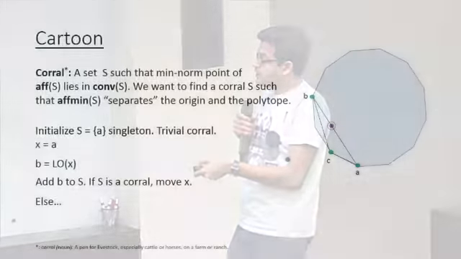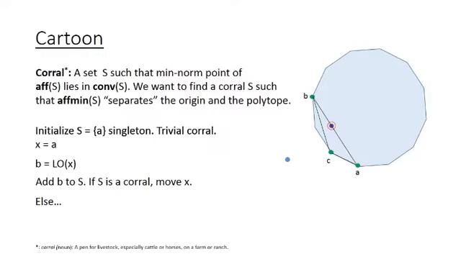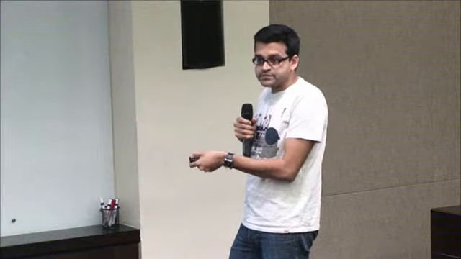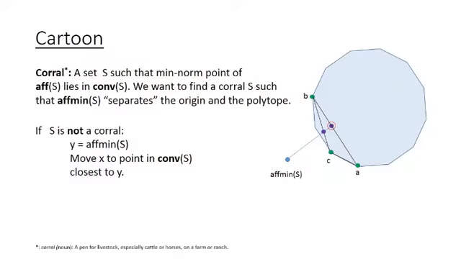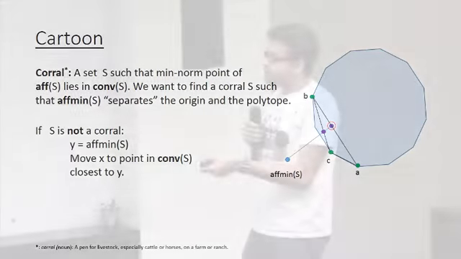So this is the convex hull, this triangle. And in 2D, what is the affine hull of 3 points? It's the whole plane. So the minimum norm point is actually the origin over the whole plane. This is the minimum norm point. So in this case, it's not a chorale because the minimum norm point, the origin, lies outside this triangle in this example. So it has to do something non-trivial when S is not a chorale.